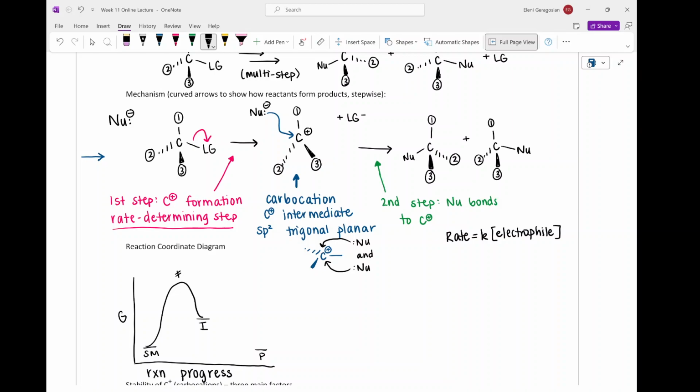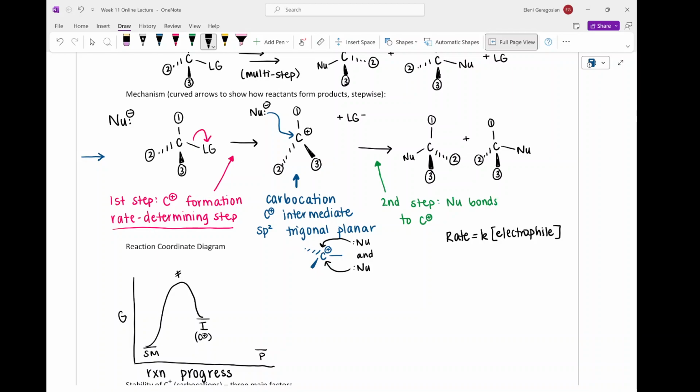Intermediates are still always lower than the transition state in energy. But in this case, the carbocation is certainly higher energy than the starting material and product because it has an open shell carbon. It has a charge. That's a high energy molecule. So I know it's higher energy than the starting material and product. And so we're just talking about relative energy here, and I just wrote in that that's the carbocation, the C+.